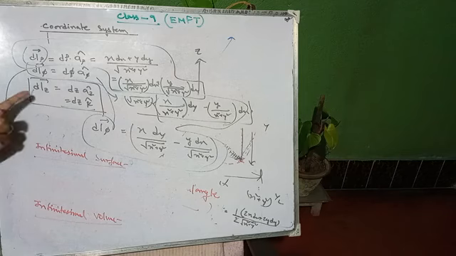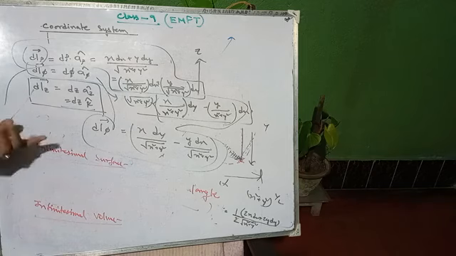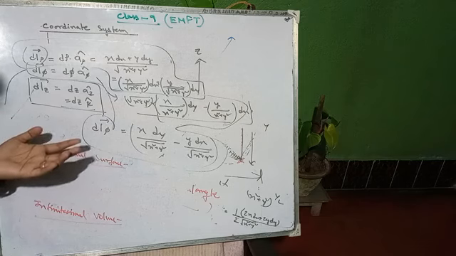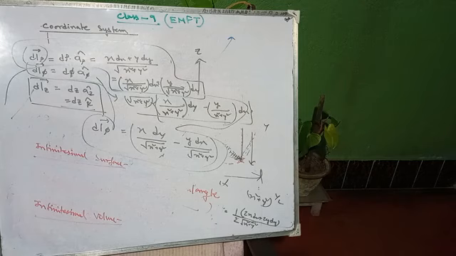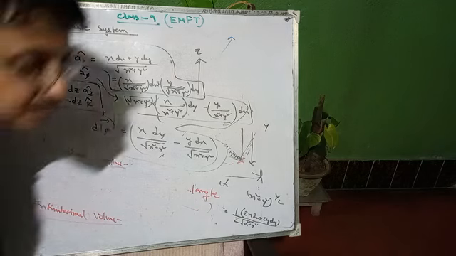First one is rectangular, which is very easy, and second one is your cylindrical. It is continued. Next day I will complete it, and next day I will also move to the last coordinate system, that is spherical coordinate system, and after that, the day after next day, it will complete. Okay, so today's class up to this much, and thank you.